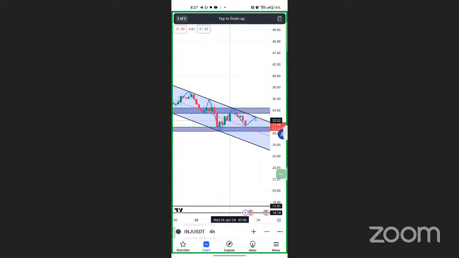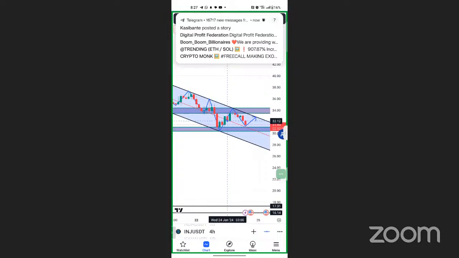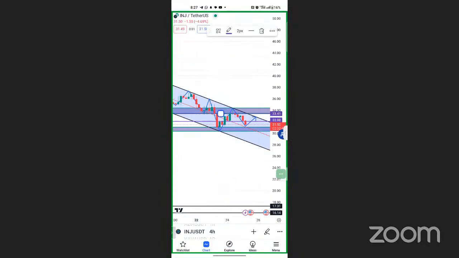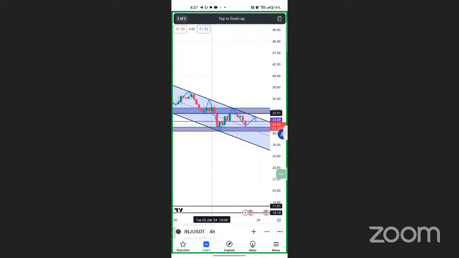It becomes support and resistance whenever there is a touch. There's a touch here, you draw a line. Because this middle line is also an area or a line. There is a touch. I don't know if this will be clear, but I'm trying my level best. You see, when it comes and touches here, you draw the line.